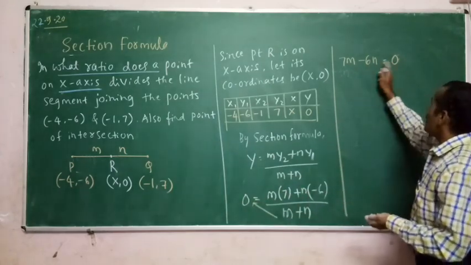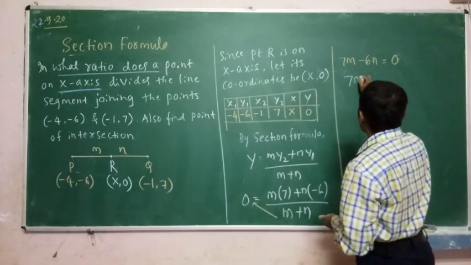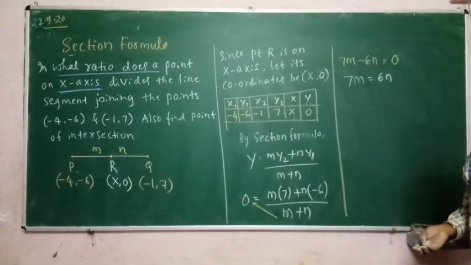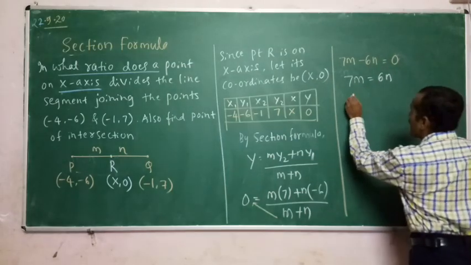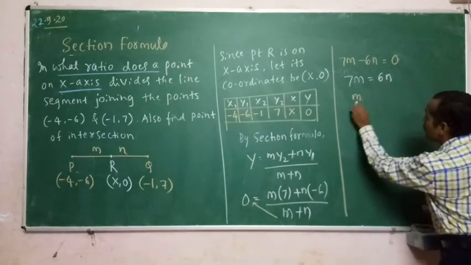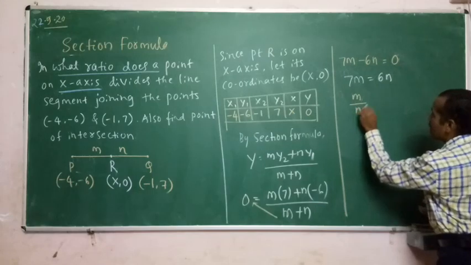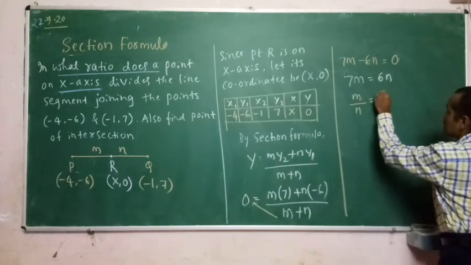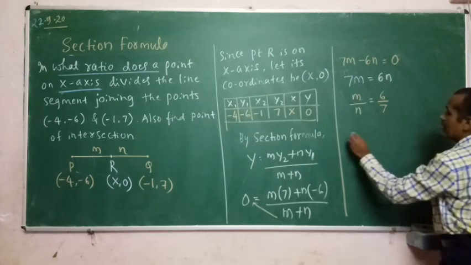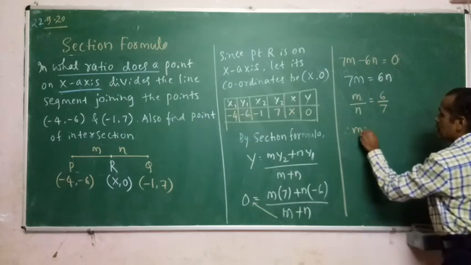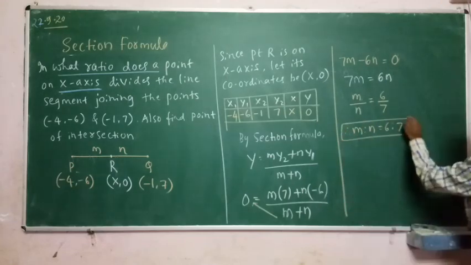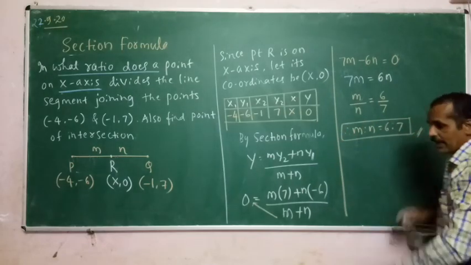I will transfer this to the RHS: 7m equals 6n. That's all. m is to n has to be found, so I divide by n. When I divide it here, this will go there. m by n equals 6 by 7. Therefore, m is to n equals 6 is to 7. That is the end of the problem.